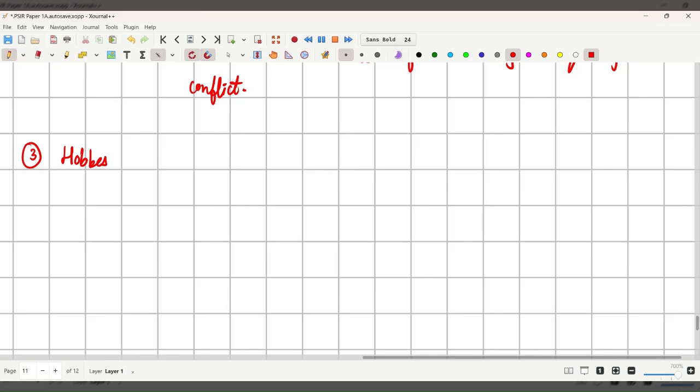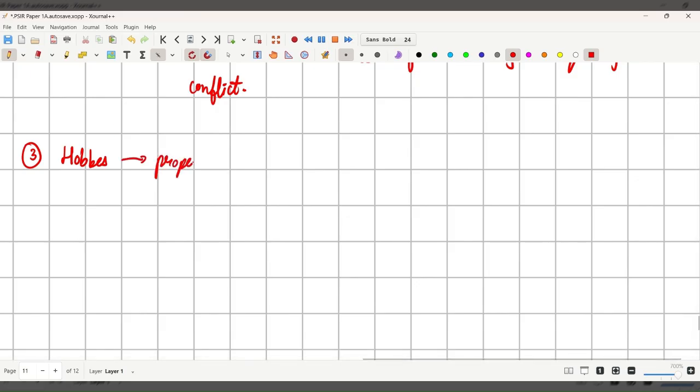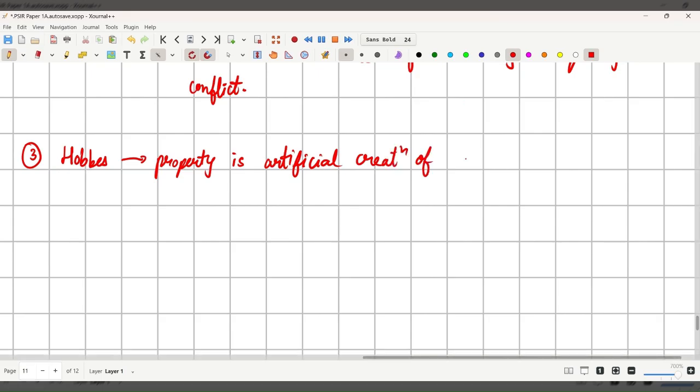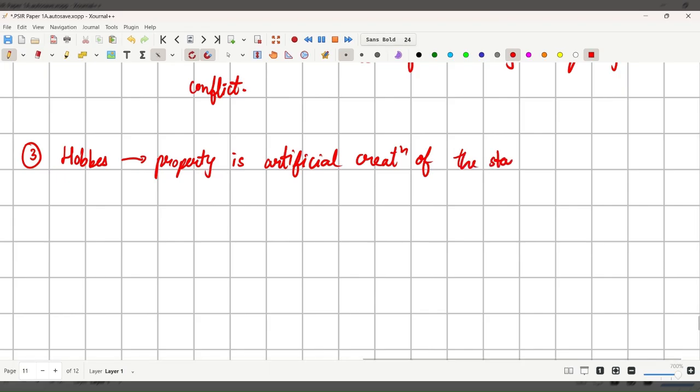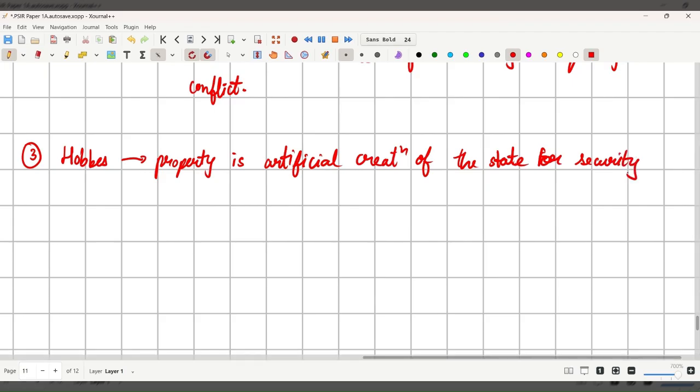Unlike Hobbes, who believed property is an artificial creation of the state for security, Locke asserts that property is pre-political, existing before the state.